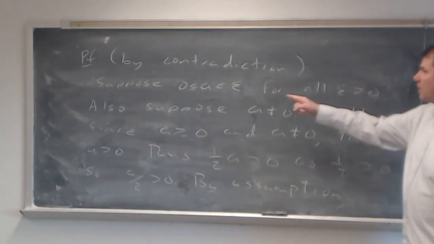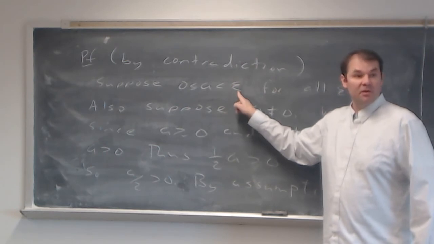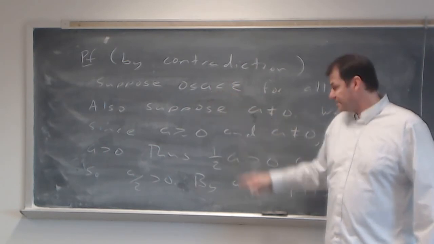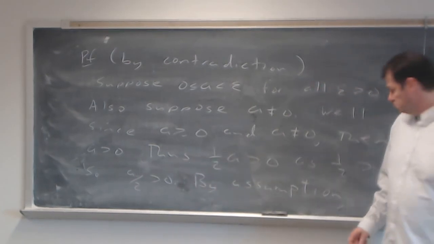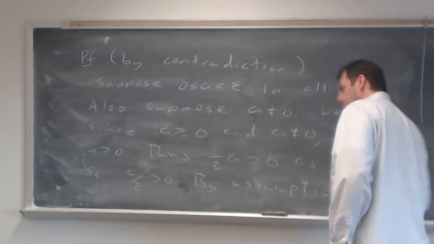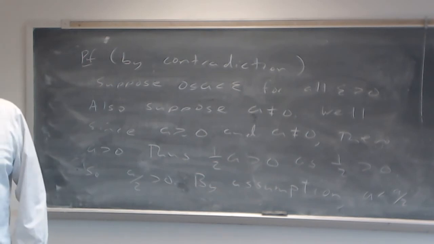okay, look, what is one of our assumptions? That if you give me any positive number, A is less than it. Well, I tell you one positive number, A/2. A is going to be less than A/2. That's not true. Okay?